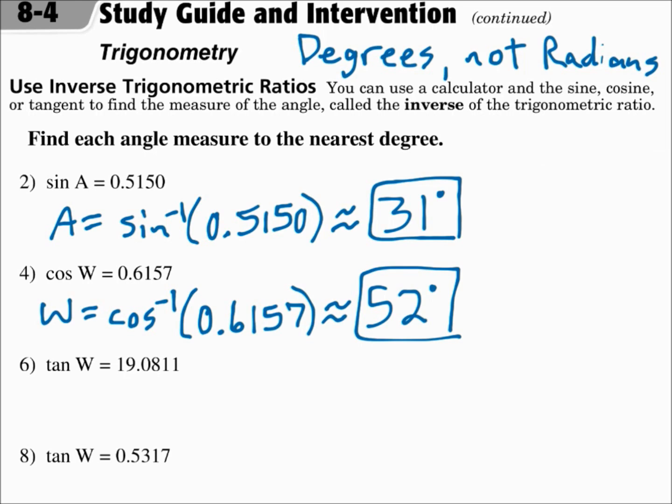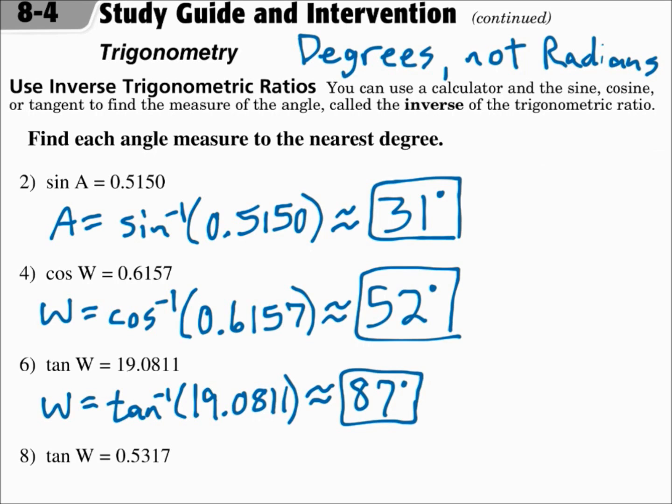To solve for W, do the opposite of tangent, which is arc tangent. Hit the second and then tangent button. Arc tangent of 19.0811, and that gives you approximately 87 degrees.